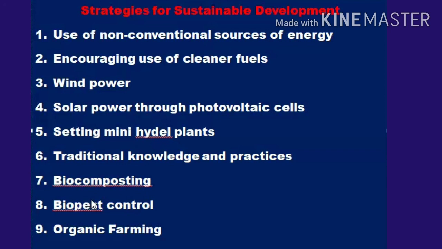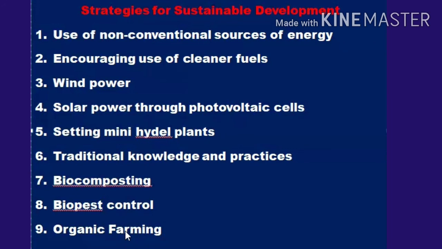Next, organic farming. Increased use of chemical fertilizers, insecticides, and pesticides helps in increasing production, but it leads to pollution and other harm to our environmental resources. Organic farming promotes soil health.